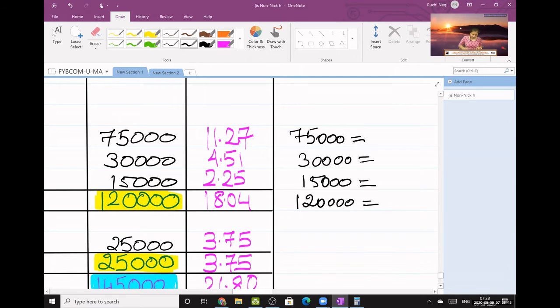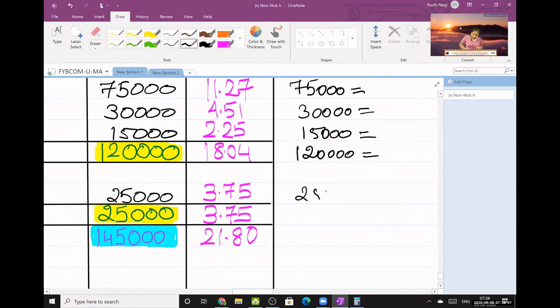Okay, yeah. Then type 25,000 plus equal to 3.759. You can make it 3.76 also, or keep it 3.75. ठीक है, वापस से रीटाइप करने की जरूरत नहीं है. We know answer is, you can copy paste. Then type 1,45,000 plus equal to 21.804.